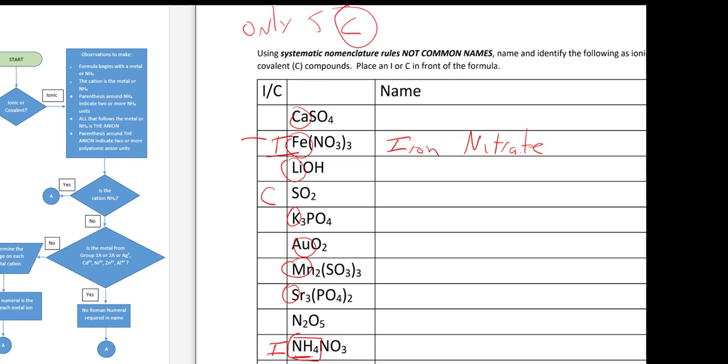Now we're going to need a Roman numeral because iron, Fe, is not in group 1A or 2A, and it's not one of these 5. So now the question is, what's the charge on the nitrate? Well, there's 3 nitrates, and they contribute a total of -3. And so this one iron must be +3, so the Roman numeral is 3. So it's iron 3 nitrate.